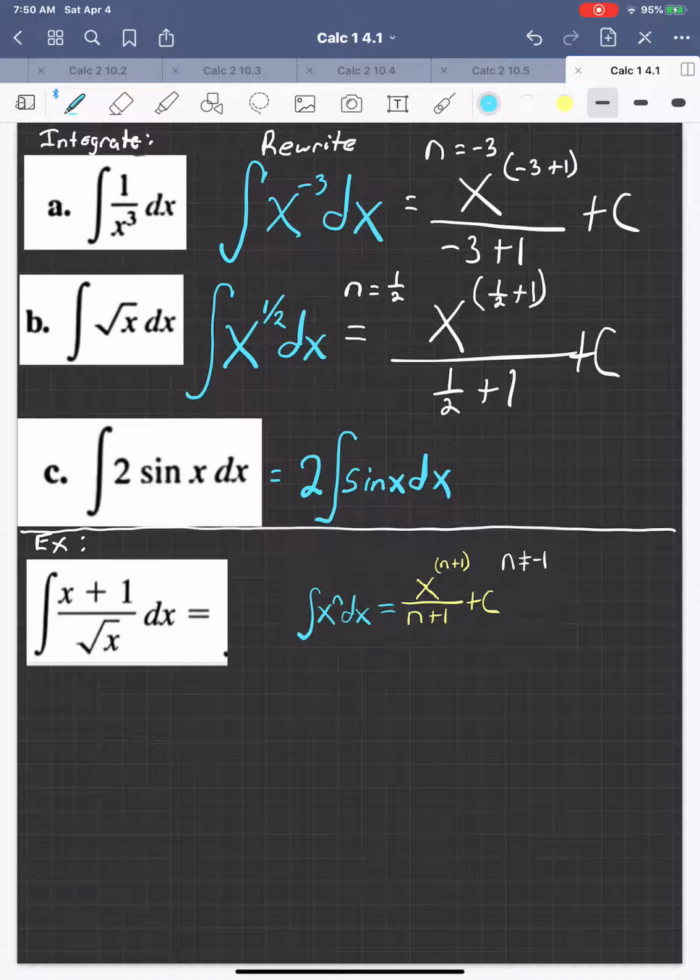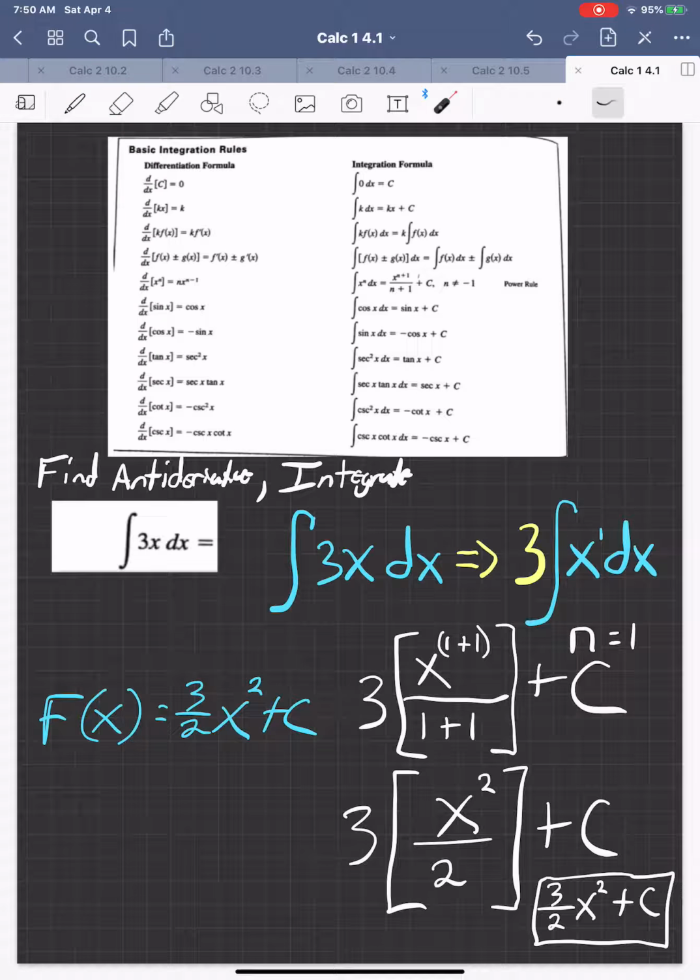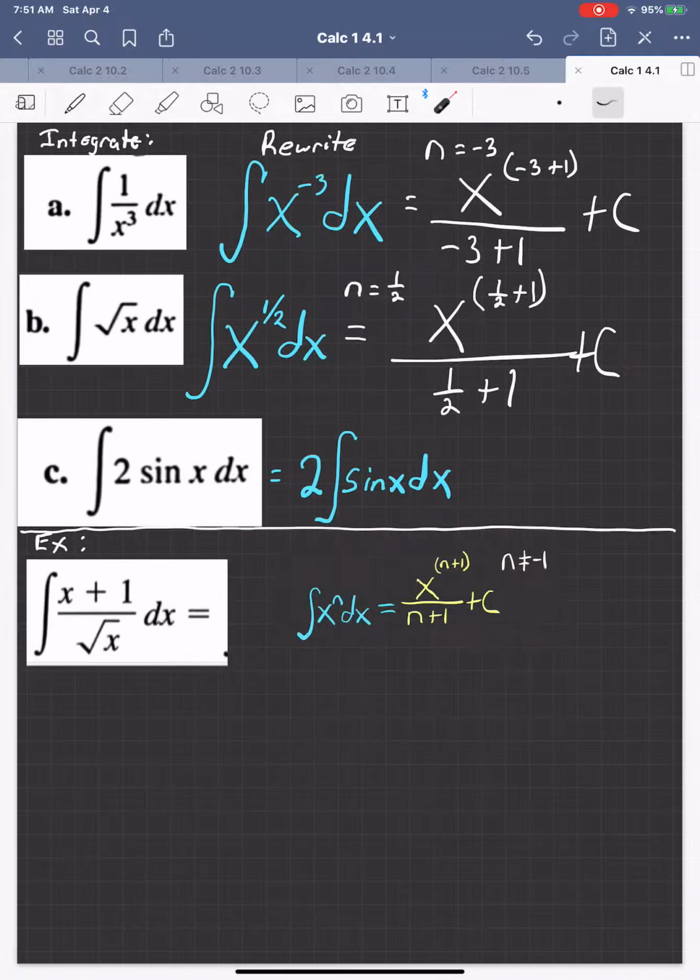Again, see how I'm bringing the 2 out front. Now I'm going to scroll back to that list of formulas and find the integral for sine of x. What we see is that the antiderivative of sine of x is just negative cosine of x plus c. So we end up with 2 times negative cosine of x plus c.